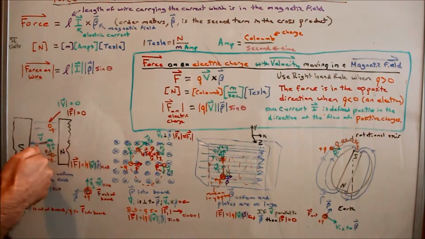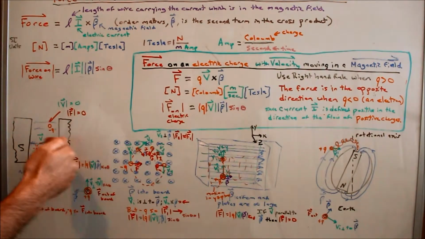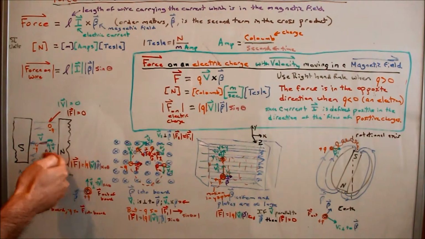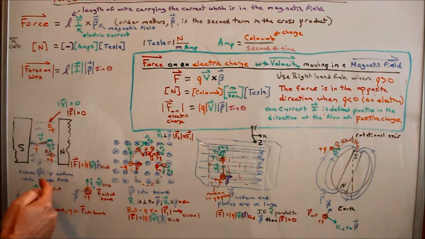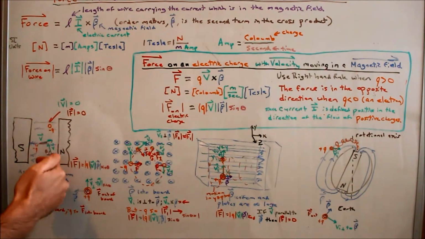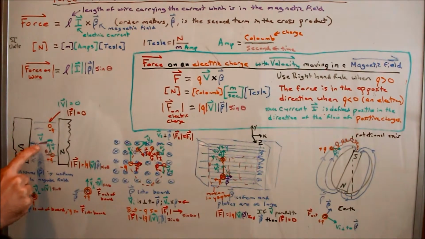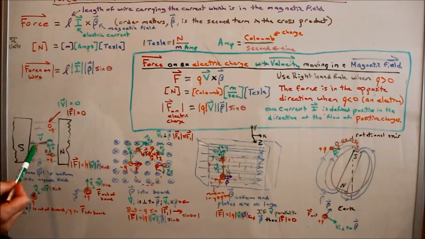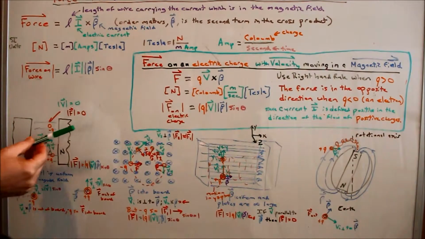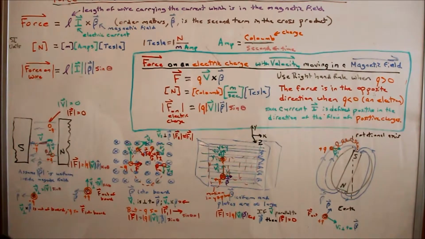I've drawn the magnetic field going to the left, going from the North Pole to the South Pole, and we're told it was uniform. So I have a magnetic field to the left, and the velocity of this negatively charged particle, we're told, is going to the right and slightly upward.